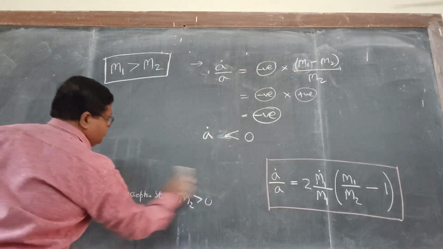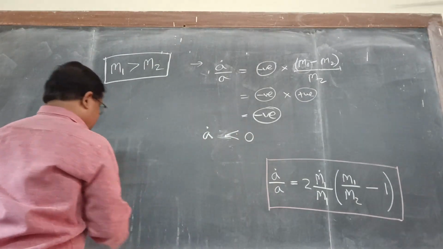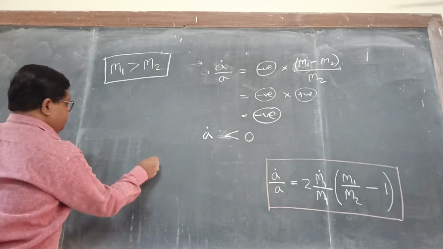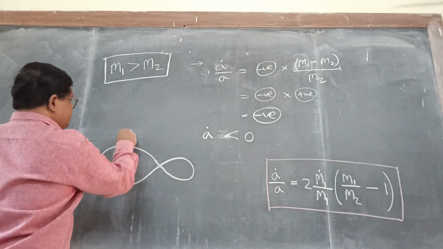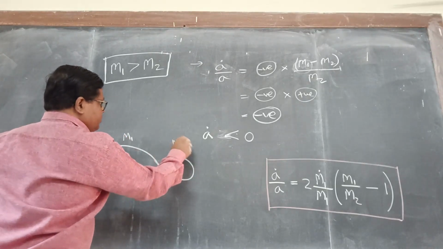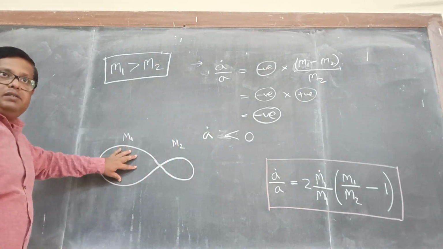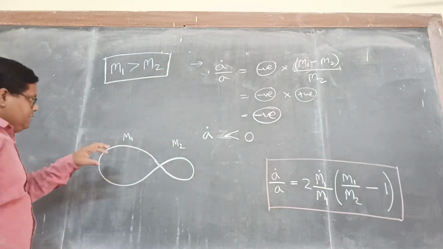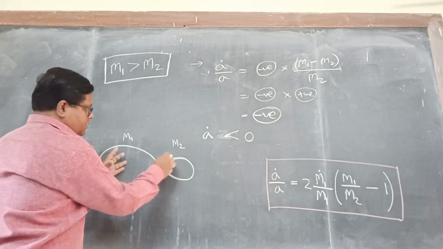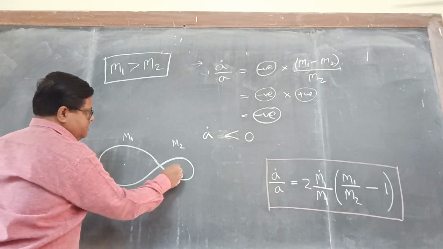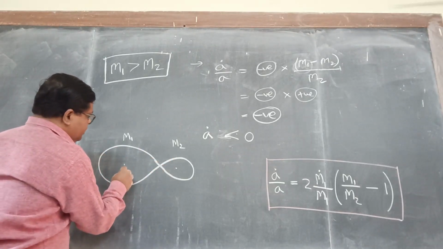Basically, if the Roche lobe is like this, this is M1, this is M2, the bigger mass, and this one is the donor. As a result of this mass transfer, the separation will decrease.